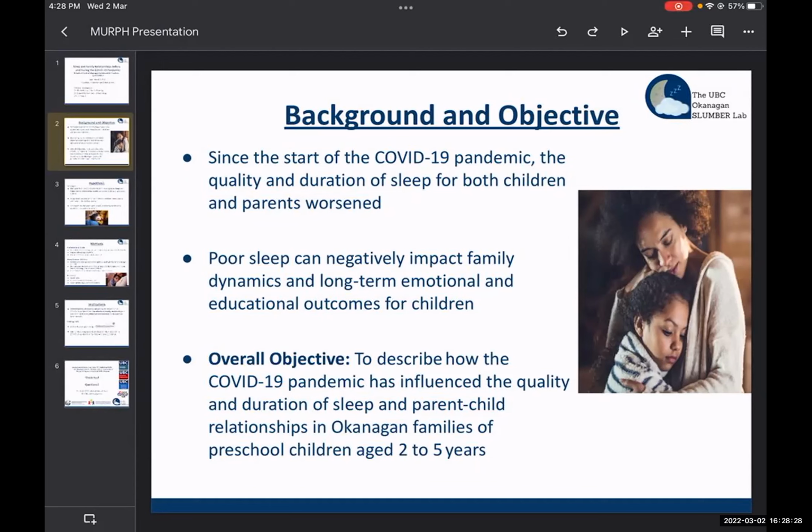Sure. I think that this first slide is actually really nicely laid out. It's really clear: the background, what the impact is on families, and then what this project's trying to accomplish. It's a nice balance of text and white space. Only a tiny little comment is that the picture looks a little stretched somehow, so I don't know if you can bring it in a little bit.